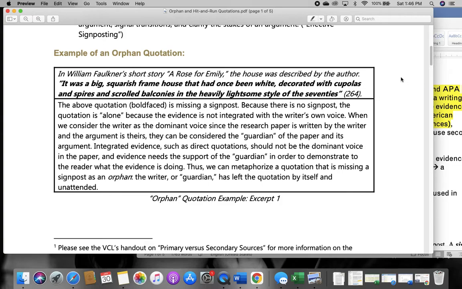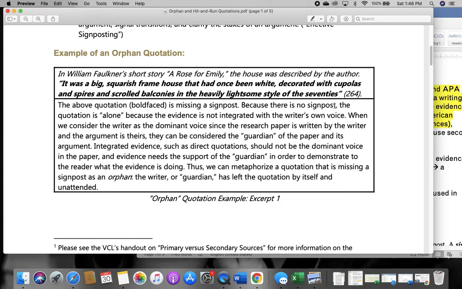That has to do with the verb tenses that we use when we write about literature. But we don't want to conflate the author with the narrator. And that's also what this person was doing here.